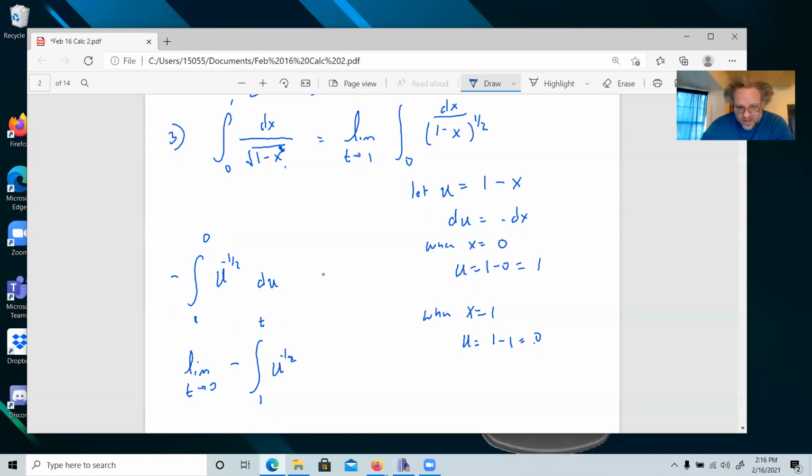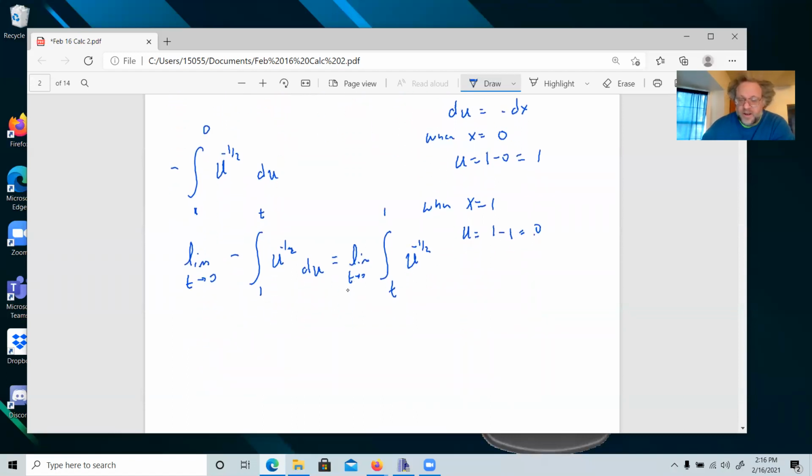We have a negative number out here, so I'm going to go ahead and swap my limits to deal with this. So we're going to have t going up to 1, u to the negative 1/2.